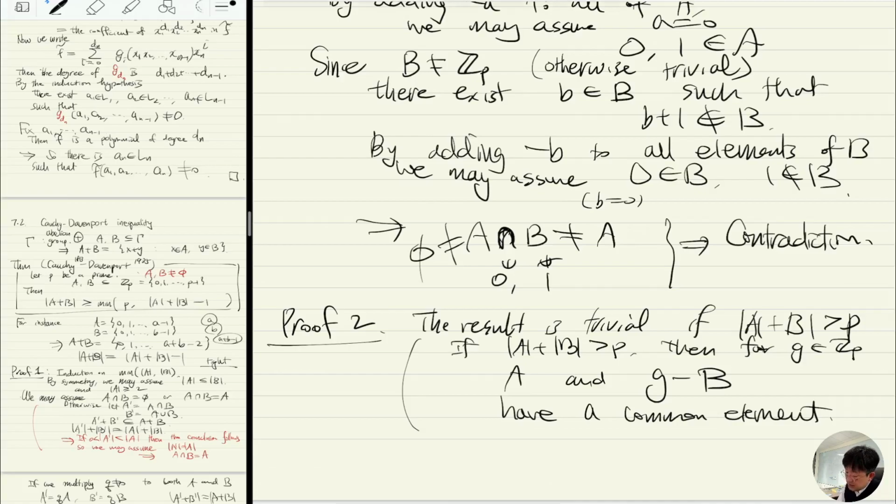So that means I have a equal to g minus b, which means that a plus b is equal to g. This is by the pigeonhole principle, because the sum of their sizes is p plus 1 or more, and you only have p distinct values in Z_p, so there must be a common element.